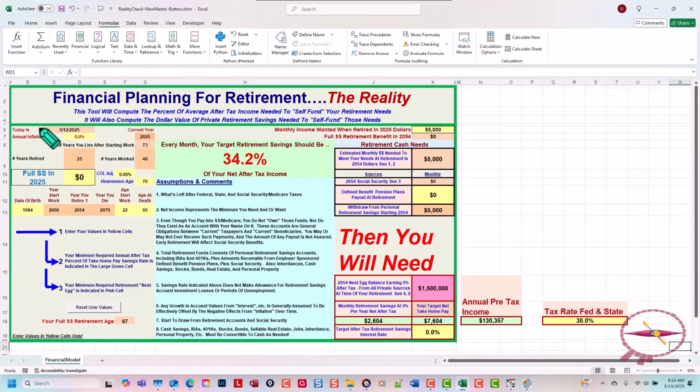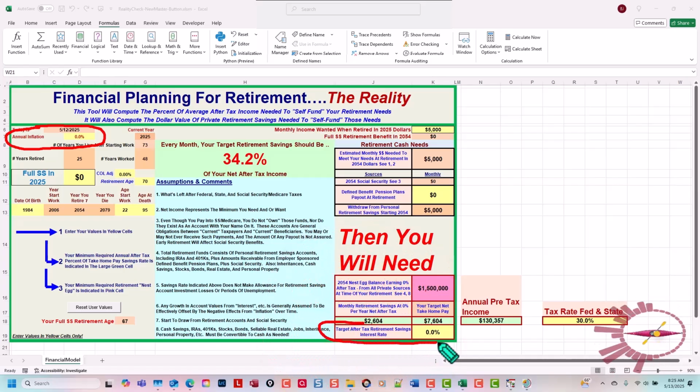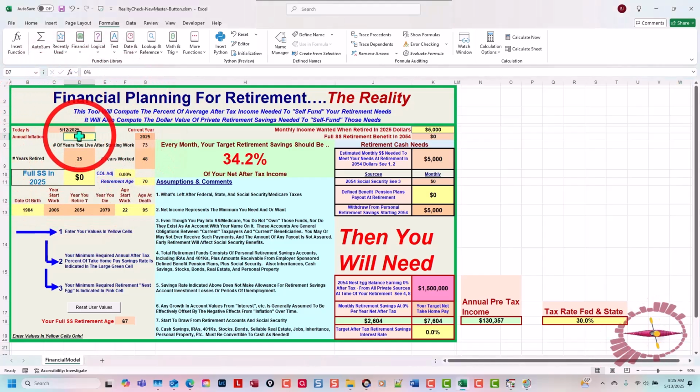So far, we've assumed that our model is not subject to any inflation during the analysis period, nor are our savings for retirement being increased by any earnings from interest. We need to change that to make this more realistic. Accordingly, we'll set the annual inflation rate to 3%.